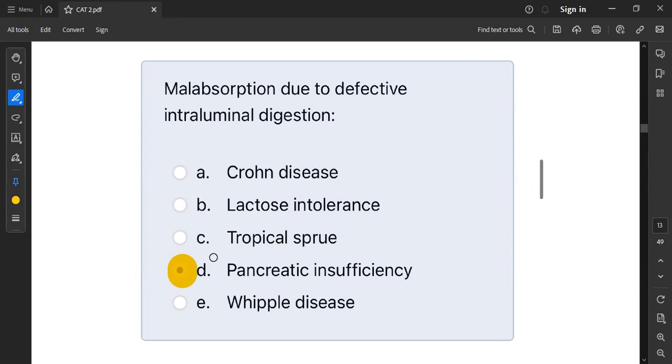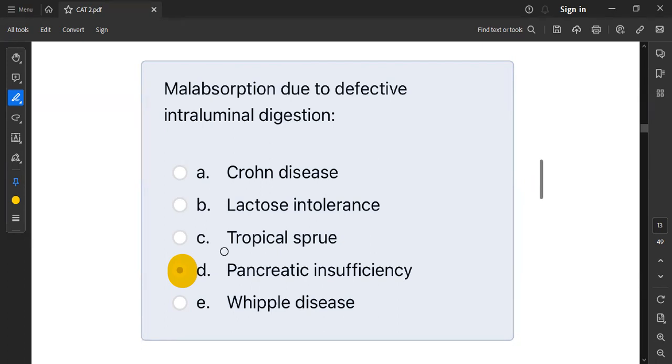For Crohn's, it's a chronic abnormal epithelium, because you have alteration and destruction of microvilli, and therefore insufficient absorption leading to malabsorption. We also have tropical sprue, the same thing, chronically abnormal epithelium, and this time it's caused by bacteria. And then we have Whipple's disease, which is chronic abnormal epithelium as well. So the correct response there will be D.